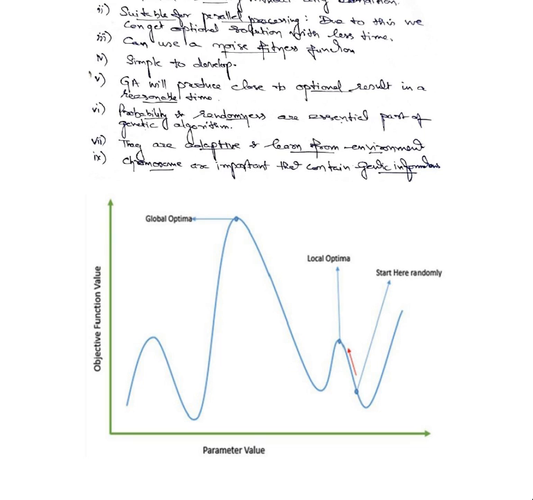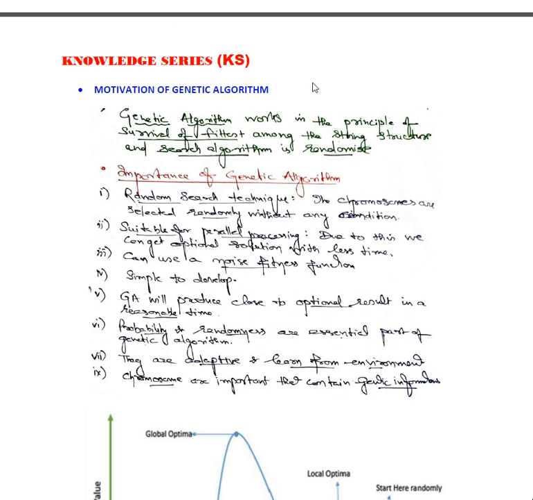Moreover, if you do the hardware implementations using VLSI designs, we can have good solutions at faster rates. So that's how the motivation of genetic algorithms is reflected towards the development and better outcome of any problem.